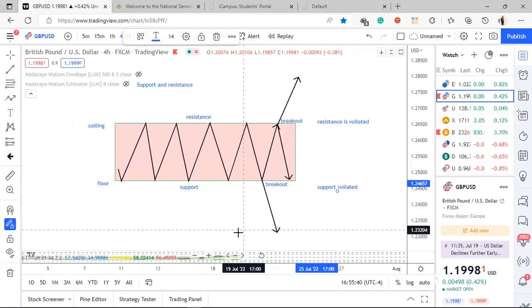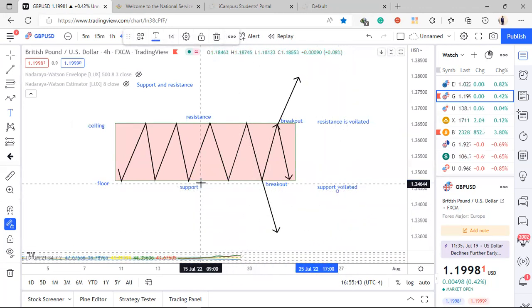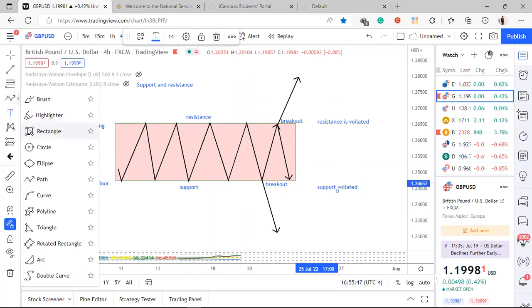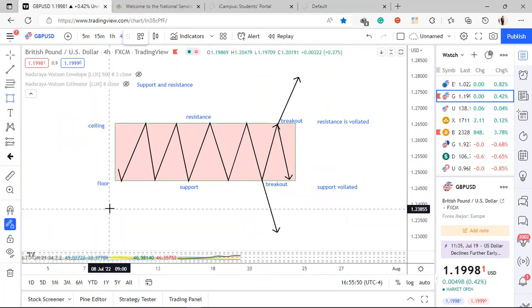What does it mean? The moment this support is broken, it's like a storey building. When you fall from one floor, you go and land on another floor.